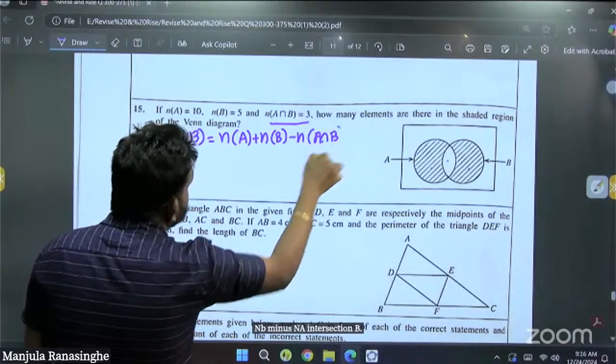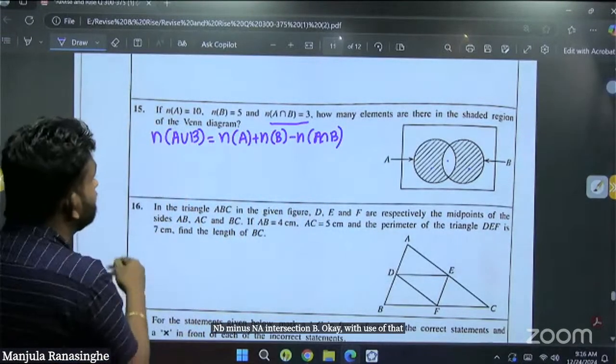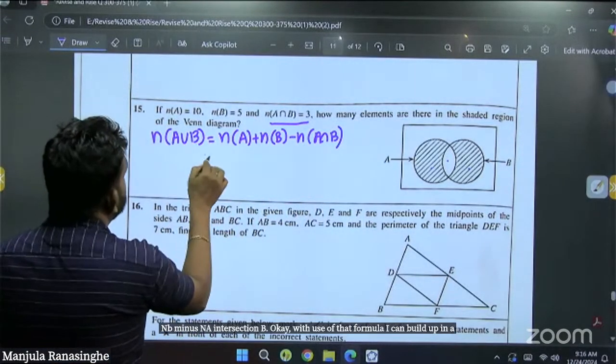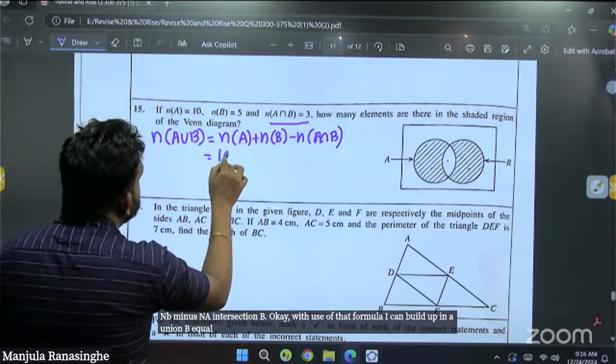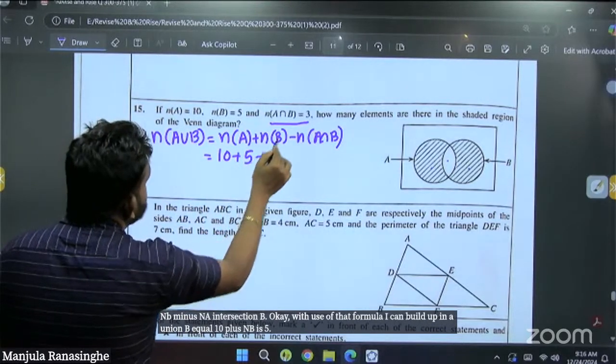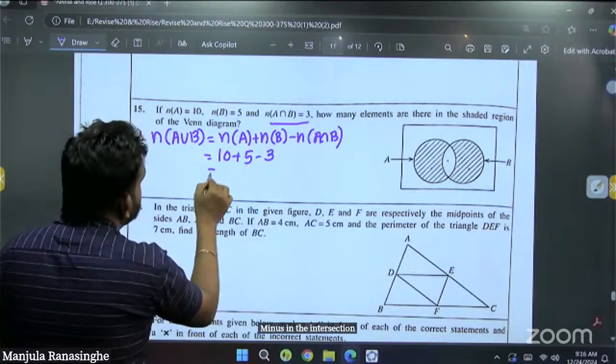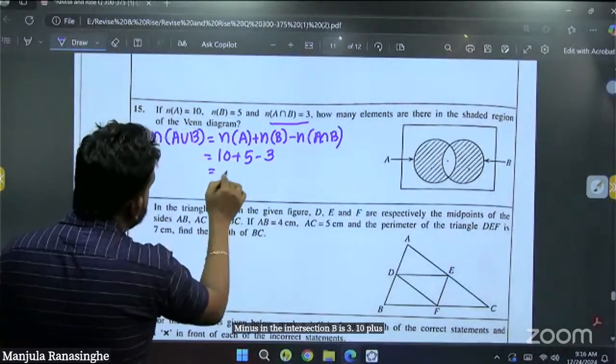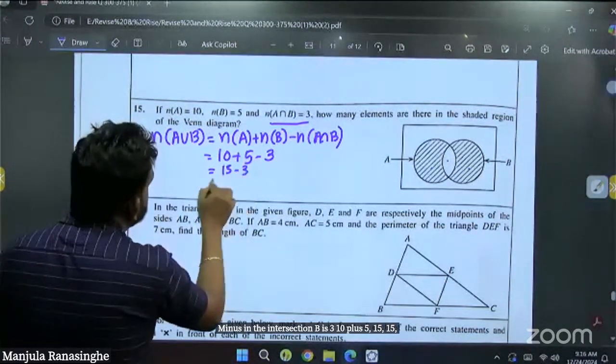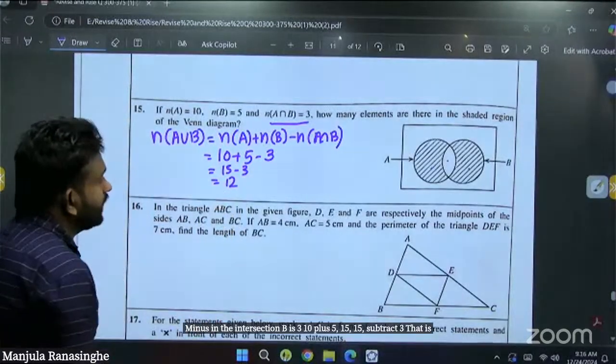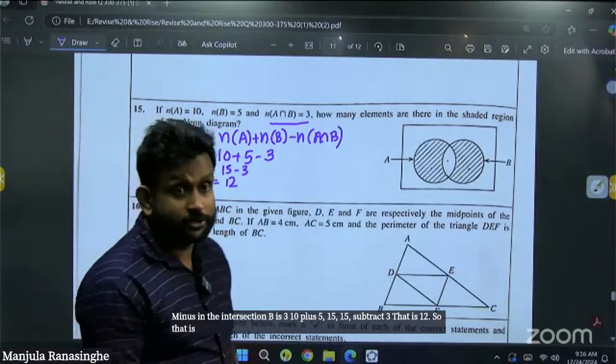With that formula, n(A union B) equals n(A), which is 10, plus n(B), which is 5, minus n(A intersection B), which is 3. 10 plus 5 is 15, 15 subtract 3 is 12. So that is n(A union B) altogether.